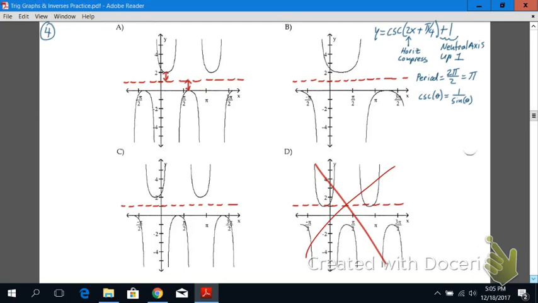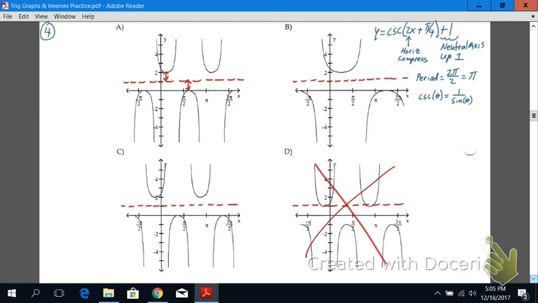Now, if I have a cosecant or a secant function, it's hard for me personally to visualize where the periods start and end, because I have these asymptotes and bumps or dips. So I know that the cosecant is the inverse of the sine function. Everywhere I see a dip, it's going to be a bump of the sine function, and wherever I see a bump in the cosecant function, it's going to be a dip in the sine function.